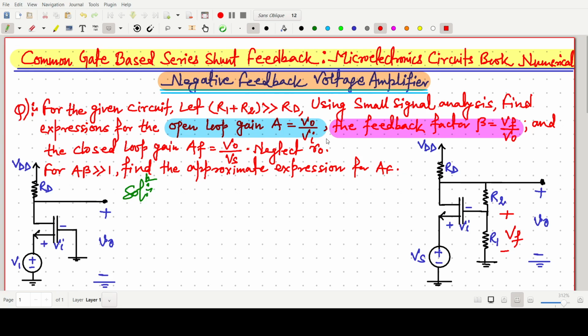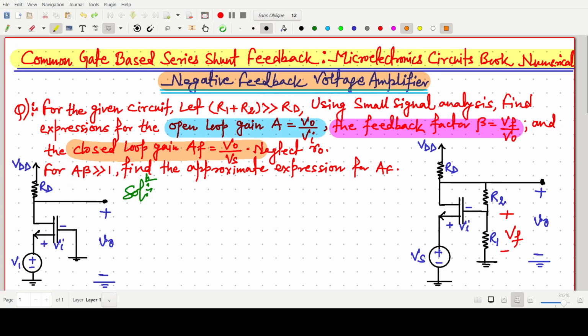Then after that we have to find the closed loop gain, that is V naught upon Vs. I am highlighting that part.